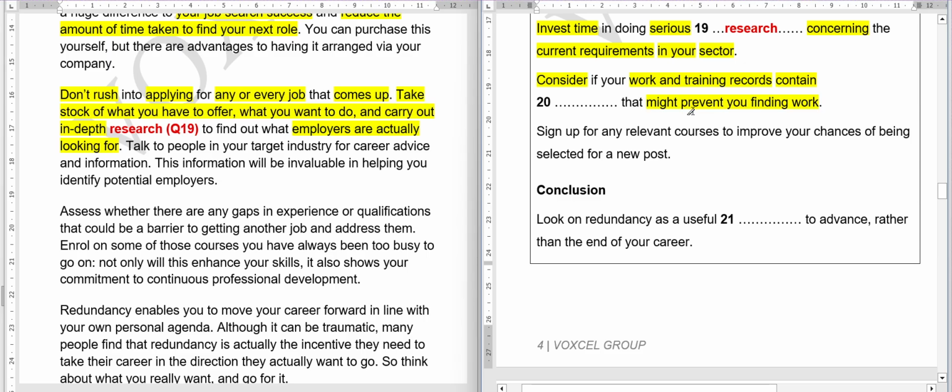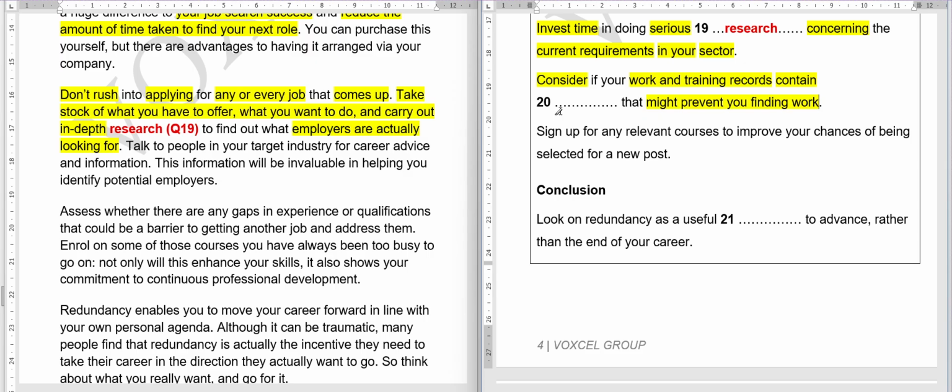If something is preventing you from finding work, would it be a negative thing or a positive thing? Tell me. Yes, obviously it should be something negative. Otherwise, if something positive is holding you back from finding work, I don't know what the employers are looking for.